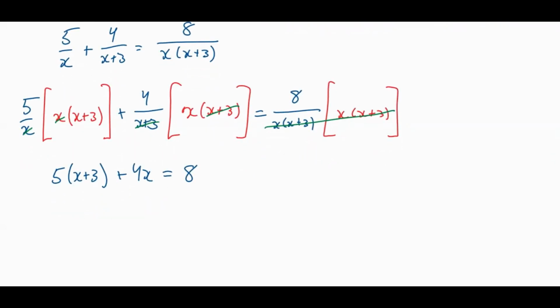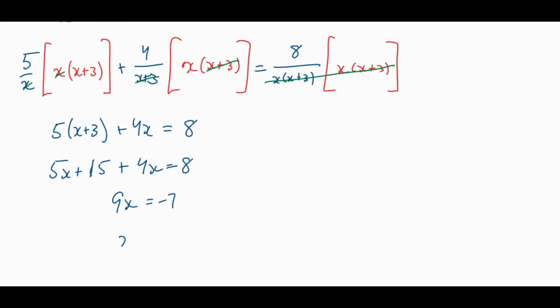We can just multiply to clear the denominators. Things will cancel out. I got 7/9.